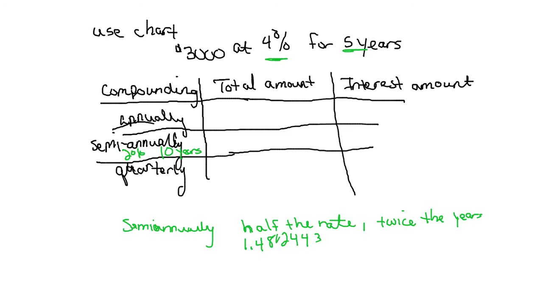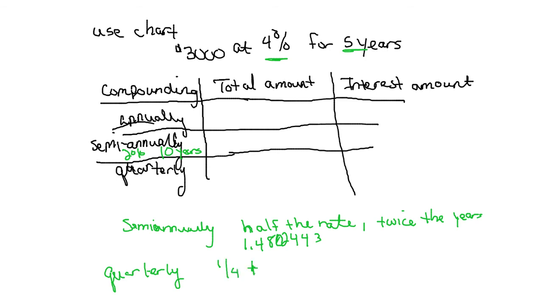For quarterly, we're still going to look at the same chart, but it's annually. So then we want to do 1/4 the rate. 1/4 of 4 is 1.